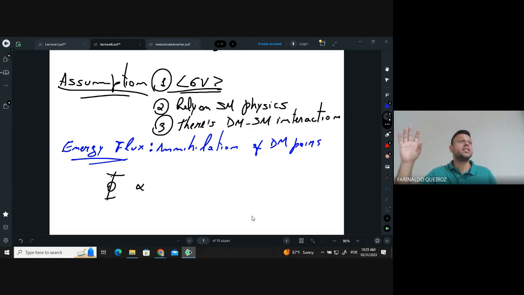But it will not change the overall abundance of dark matter in the whole universe. It's not a meaningful effect for the overall budget of dark matter. But it still can produce a signal that I can detect.